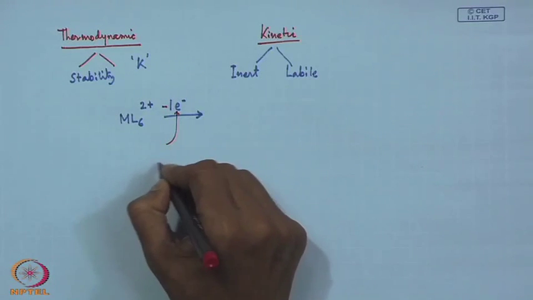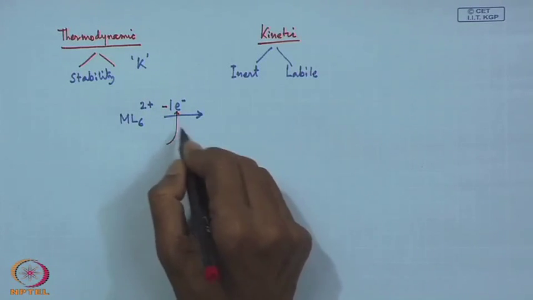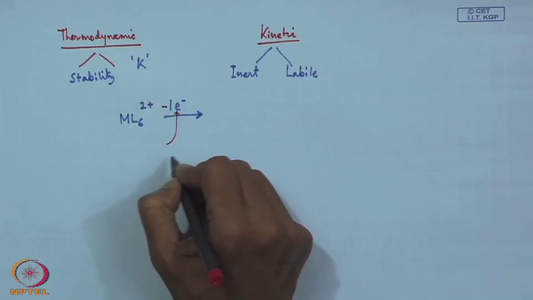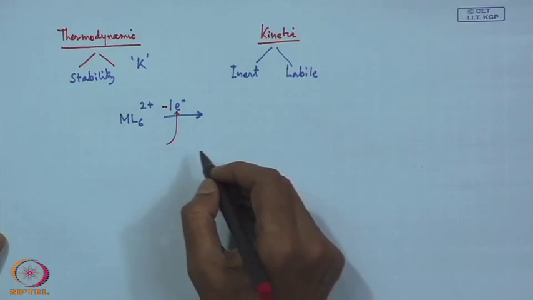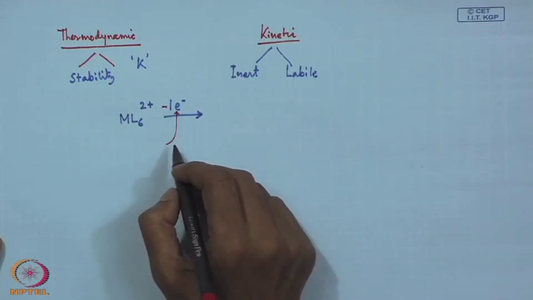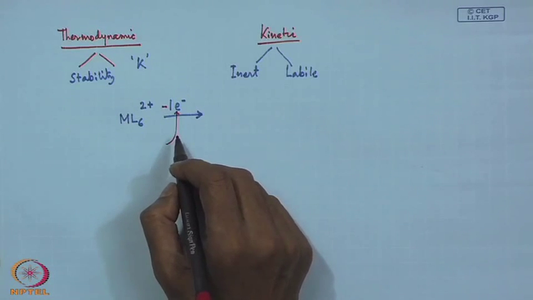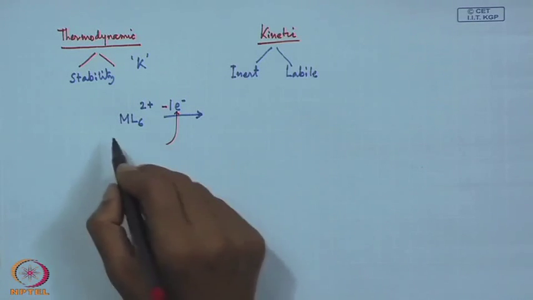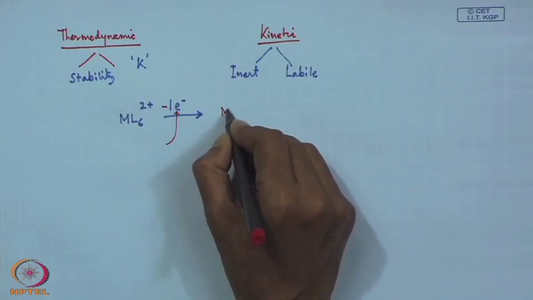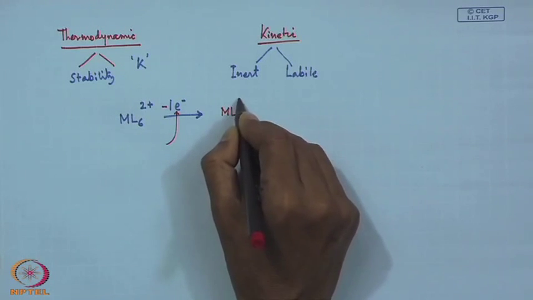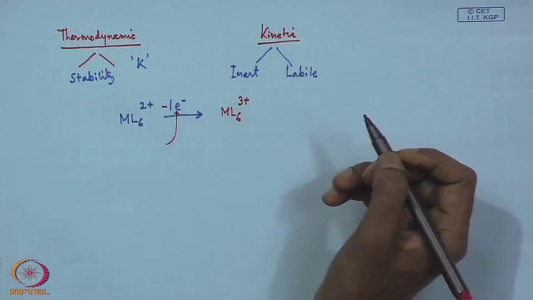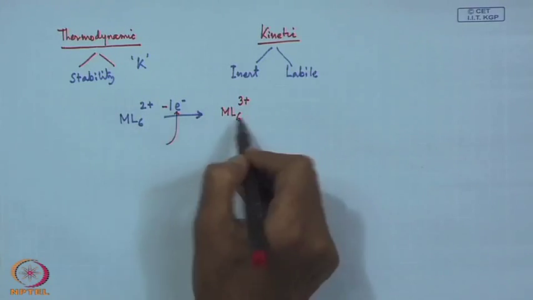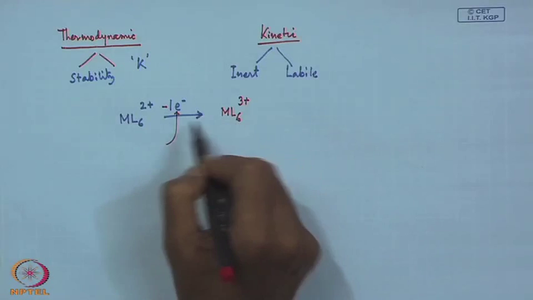Some other species will be available in the reaction medium, or it can simply be the electrode of any electrochemical system like a cyclic voltammetric system or a coulometric system, giving rise to ML6 3 plus, and this electron transfer can take place between these two species.